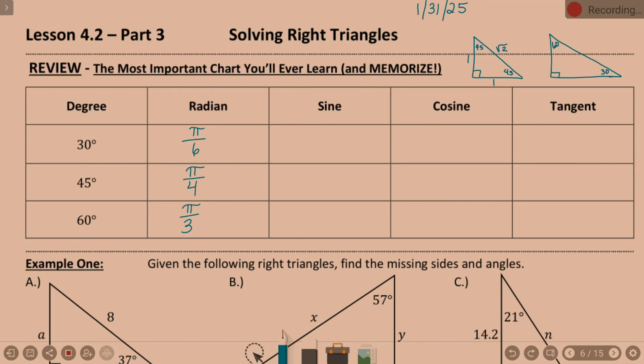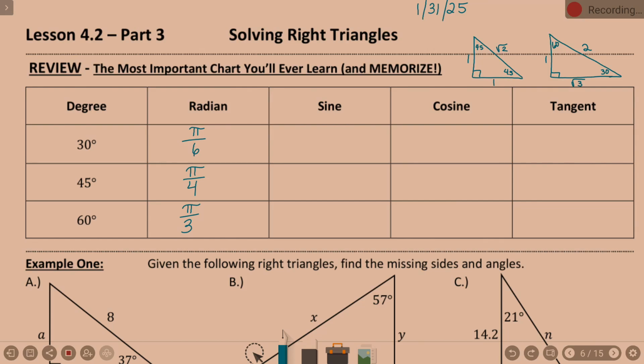On a 30, 60, 90, it's 1 for the short leg, 2 for the hypotenuse, and square root of 3 for the long leg. The short leg is opposite from 30. The hypotenuse is twice the length of the short leg. And the long leg, opposite 60, is square root of 3 times the length of the short leg.